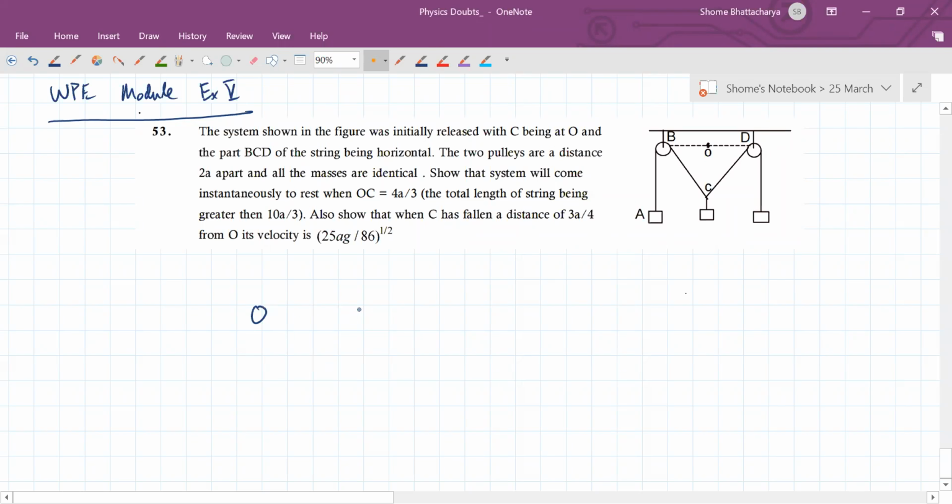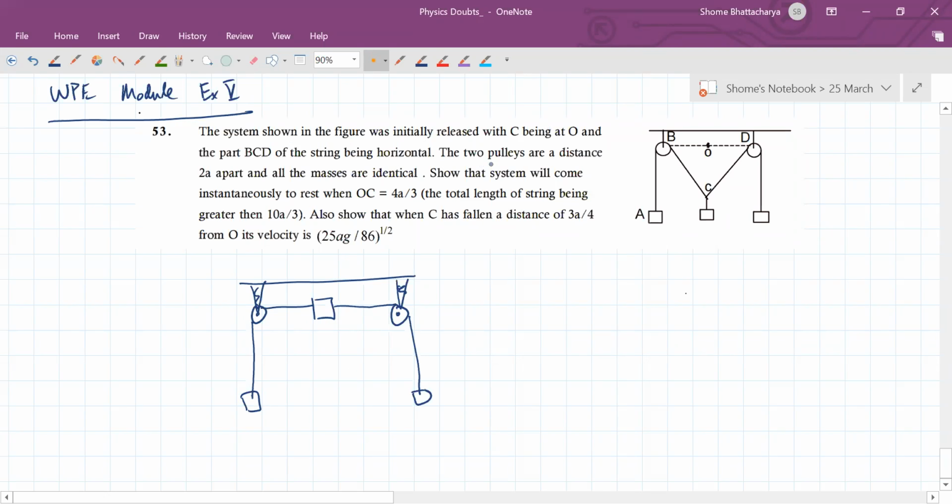Okay, so the system was initially like this, with C starting from the point O. So you had kept this thread, suppose, stretched out like this. From here we release it.